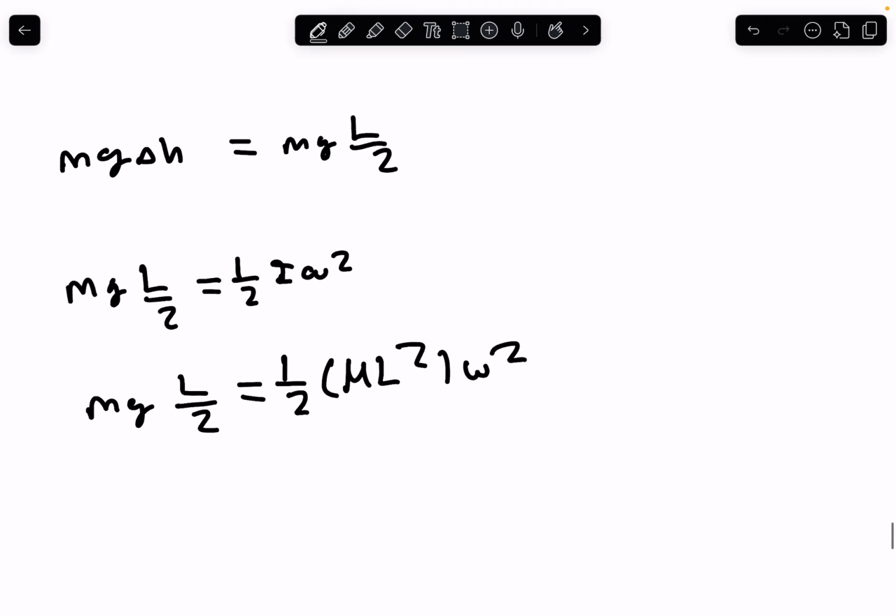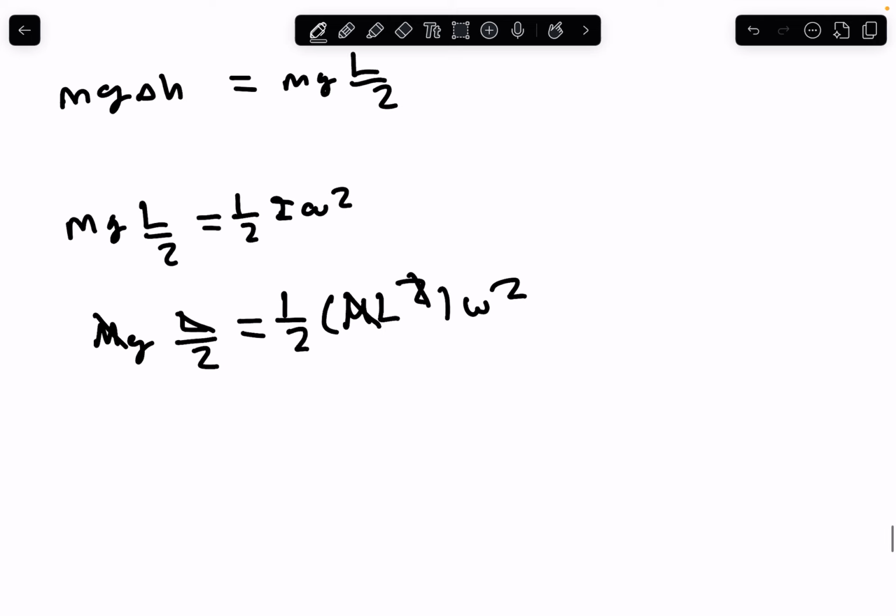Now you start canceling. Sorry, the masses here will also be big M. So here you can cancel both M's on both sides. You can also cancel the square on the L to the right and cancel the L. So it's giving you g over 2 equals half omega squared.